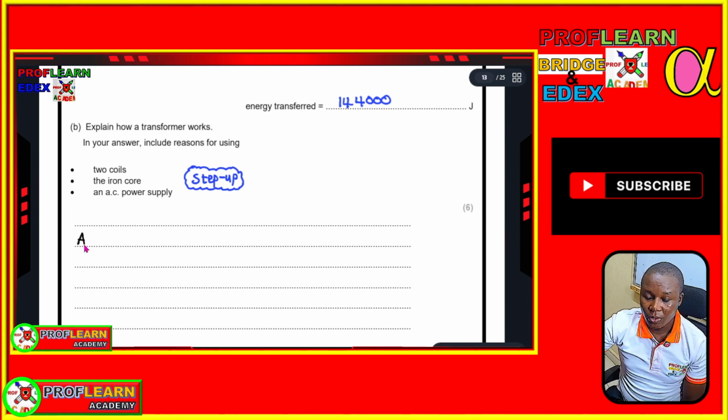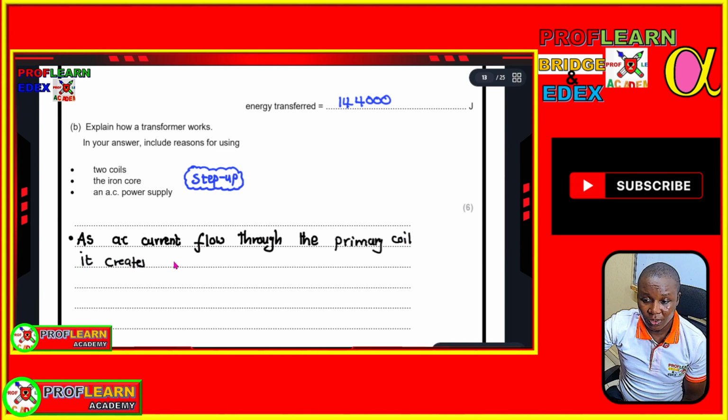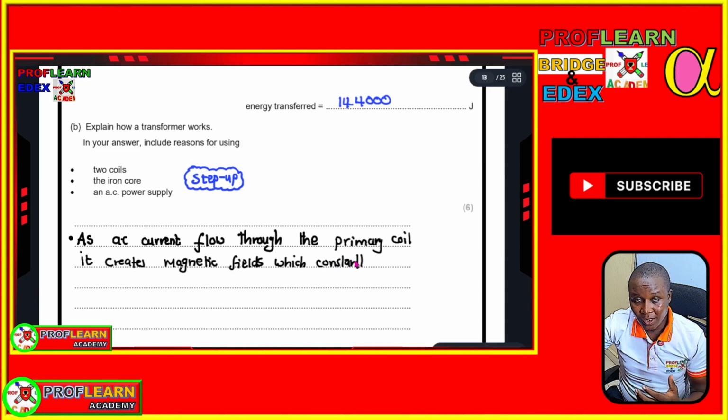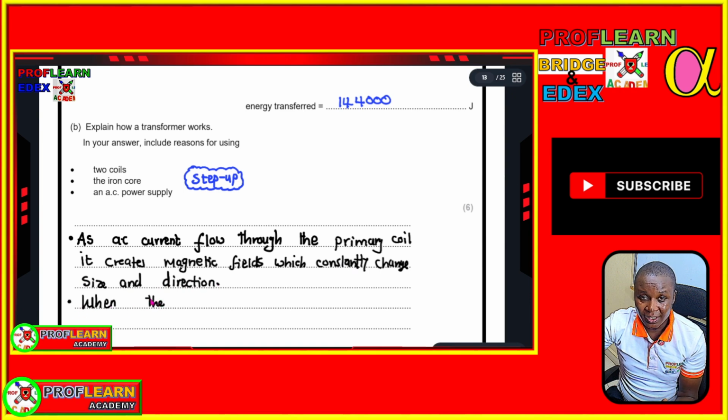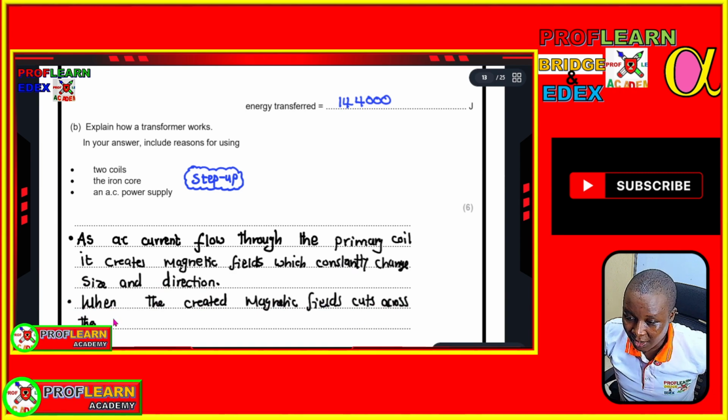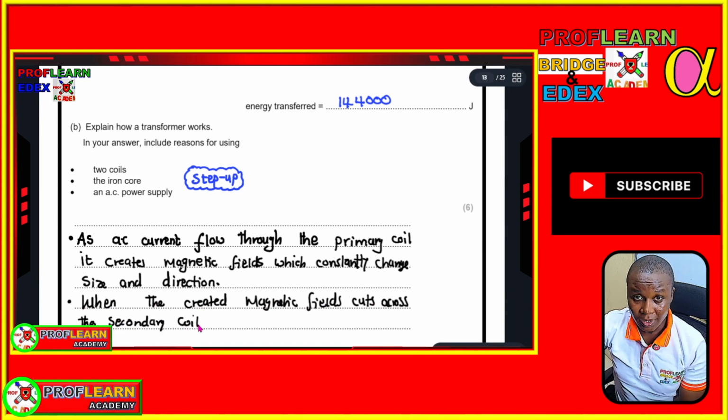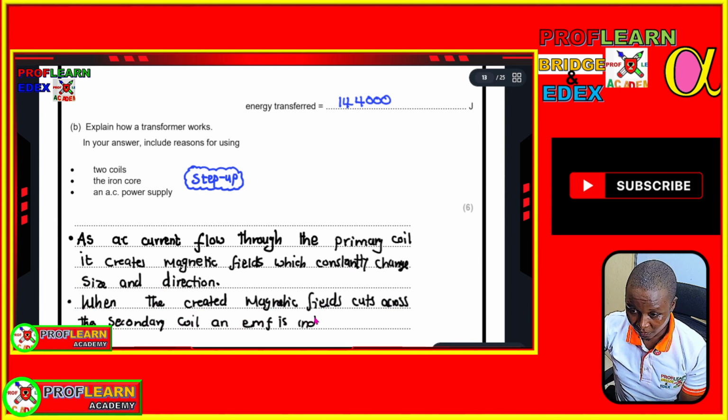So when alternating current flows in the primary coil, magnetic fields, which are constantly changing size and direction, are created in the primary coil. When these magnetic fields cut across the secondary coil, they create an induced EMF through electromagnetic induction, right?